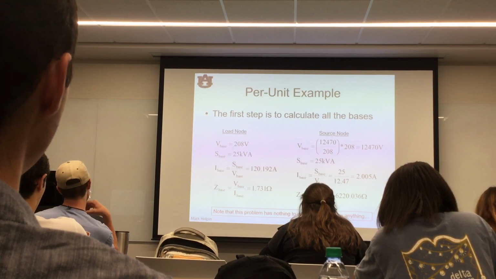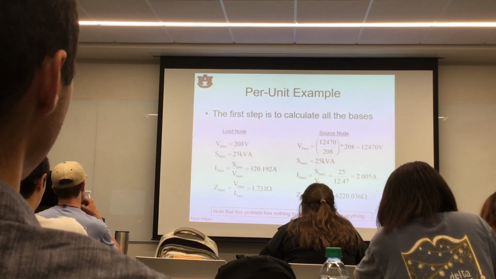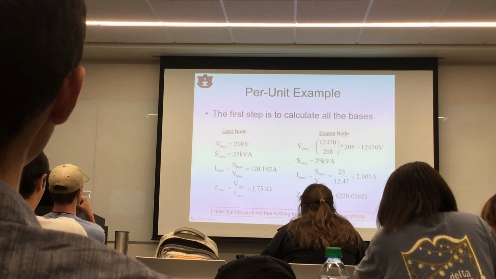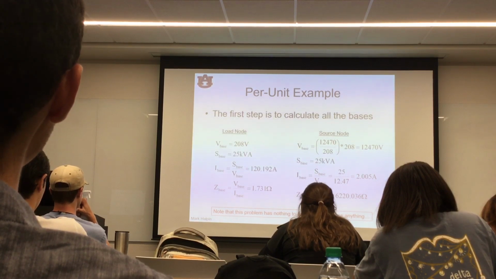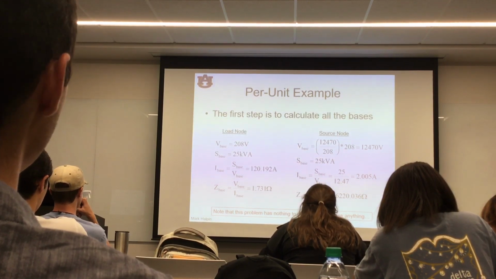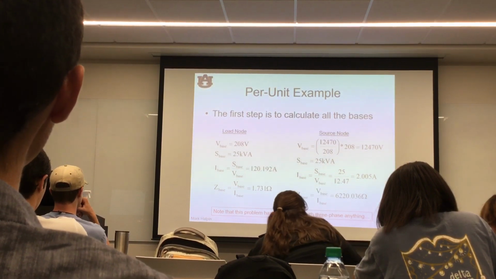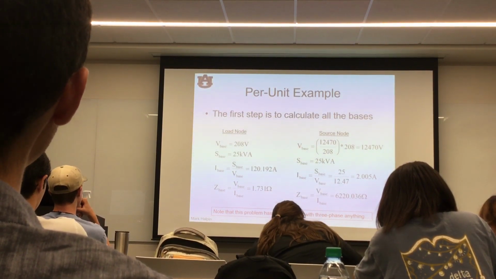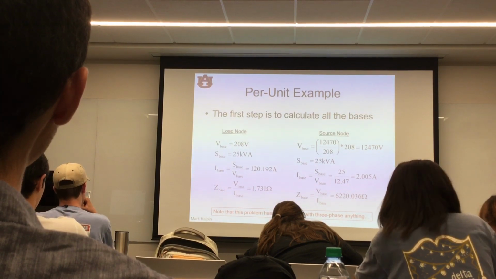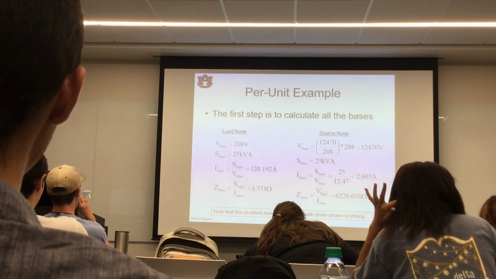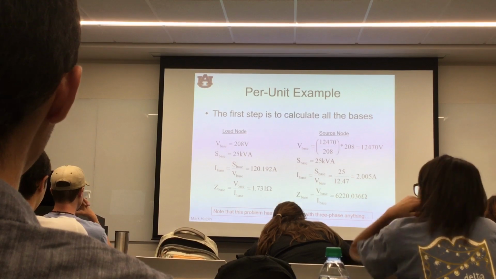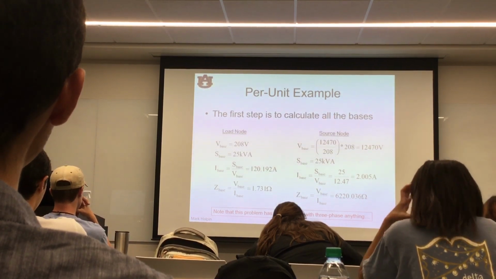Look at them all. Every one of them is a scalar. They always will be. None of those variables have bars on them. They're all magnitudes or scalars, you could say. Bases are always real numbers. They're not the real part of a complex number. They're not the imaginary part of a complex number. They're certainly not a complex number.